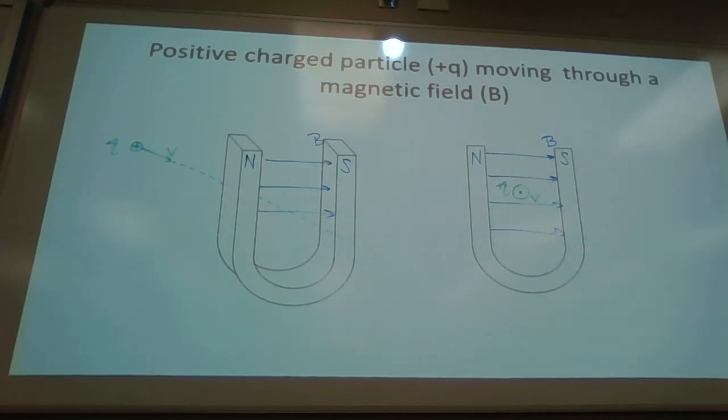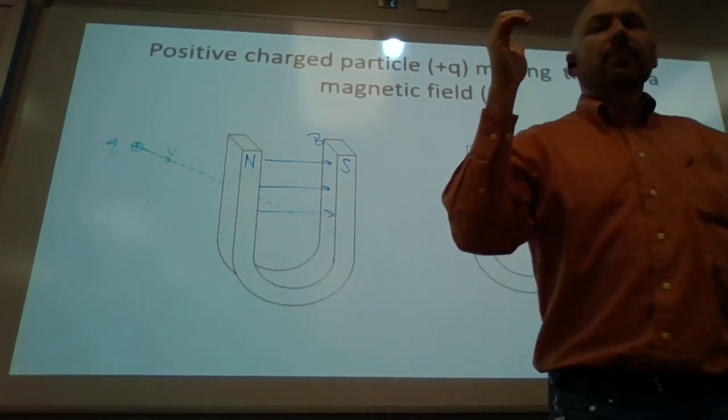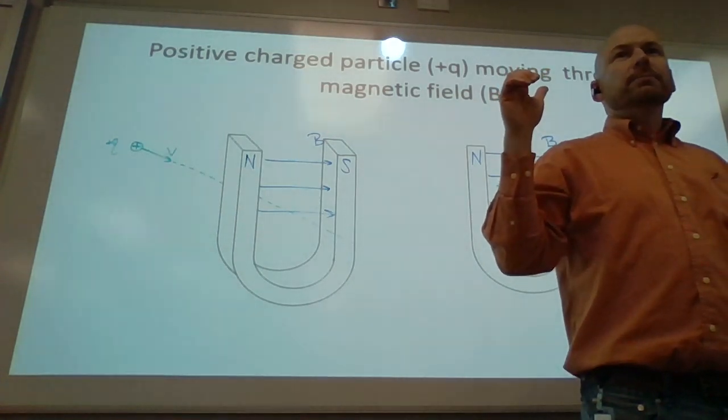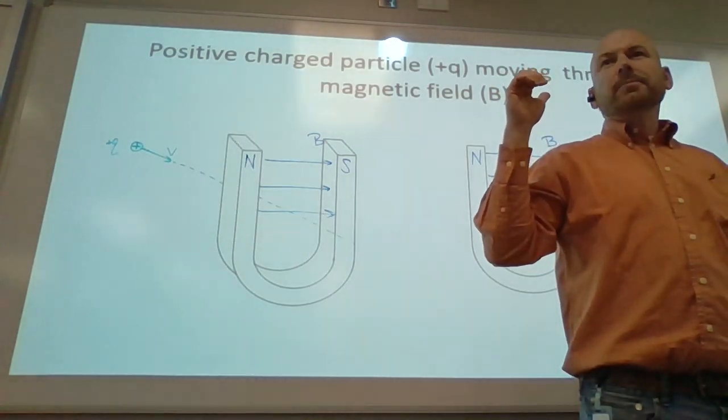Okay? And this is where our right-hand rule number 2 comes in. So, right-hand rule number 1, what we learned yesterday. What do your fingers represent? Magnetic field.